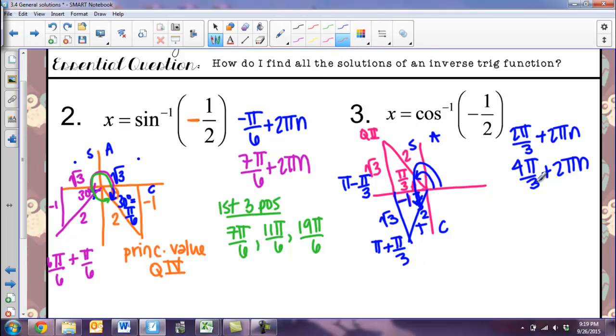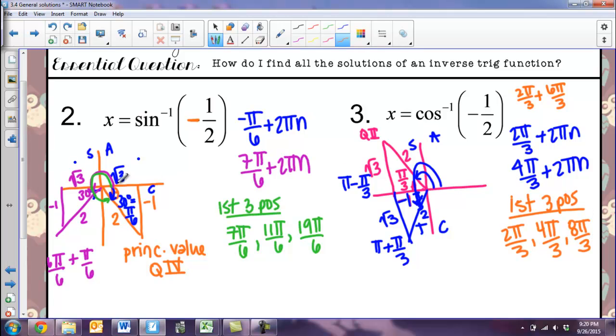So finally, for my first 3 positive solutions, I already have 2 of them, 2 pi over 3 and 4 pi over 3. Take your first one and add your 2 pi, which would be 6 pi over 3, and I would get 8 pi over 3 as my third positive solution.